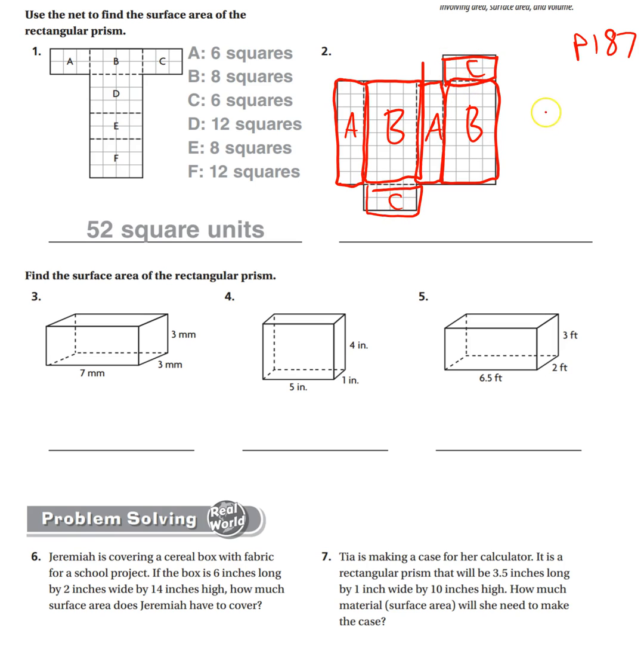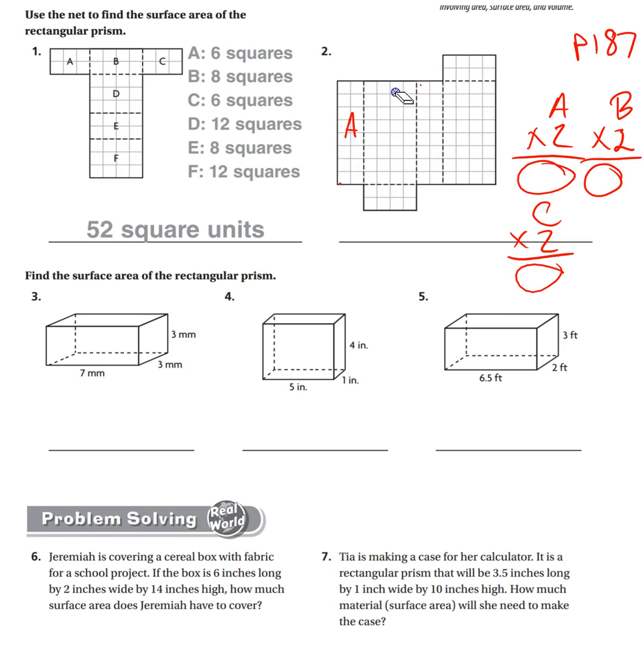So you could find the area of A and then multiply that by 2. Find the area of B, multiply that by 2. Find the area of C, multiply that by 2. And then add up these 3 areas. Okay, that's another way of doing it. That's the faster way. But of course, you can always count all of them as well.